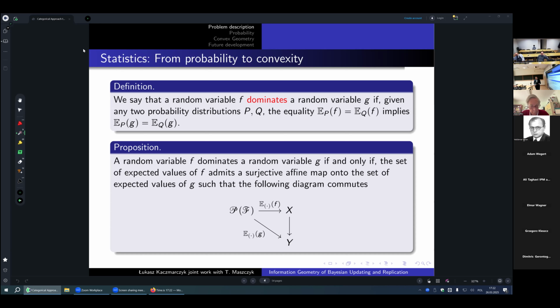It's quite literally an affine map, because X and Y are spaces, they are convex sets, and they can be embedded into an affine space, and then the affine maps can map one into the other.